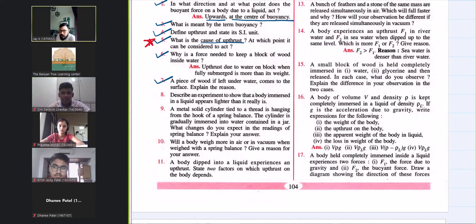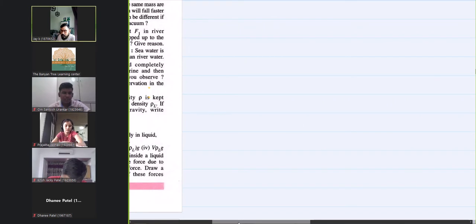Please elaborate more. What happens when you leave a piece of wood underwater? What kind of forces are acting when you leave a piece of wood underwater? You might need to draw a diagram also with that. To get good marks, you need to explain with more clarity.